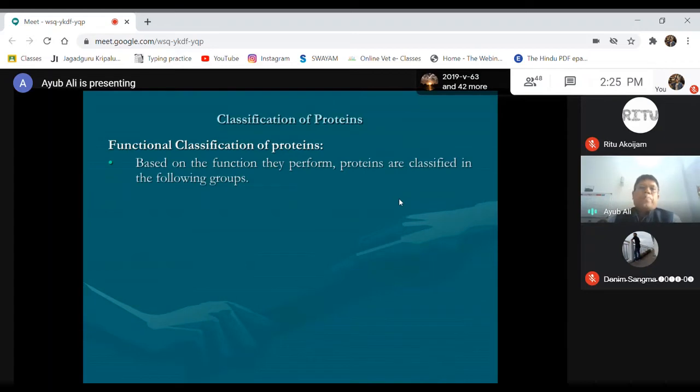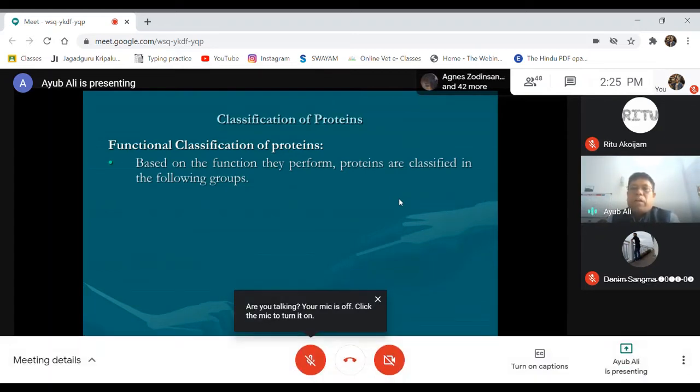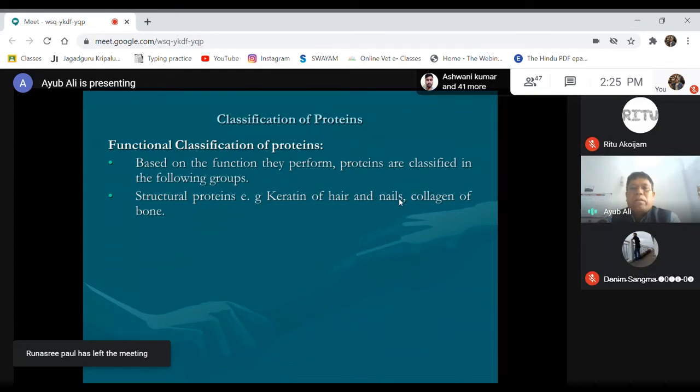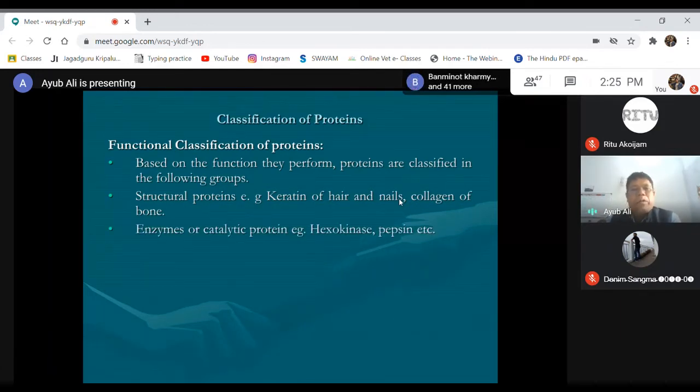Based on the function performed, proteins are classified into the following groups, starting with structural proteins. Some proteins are the structural components of the living organism, say keratin of the hair and the nails, and collagen of the bone. They will be classified as structural proteins.